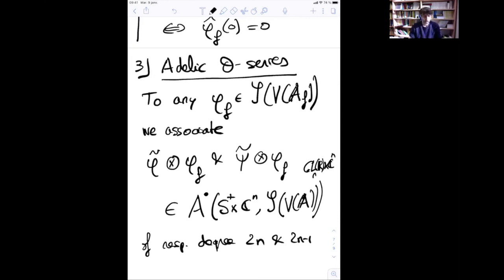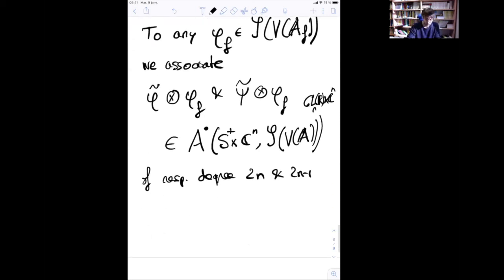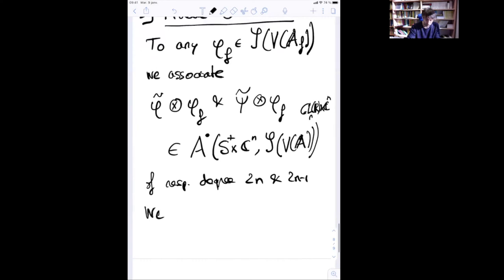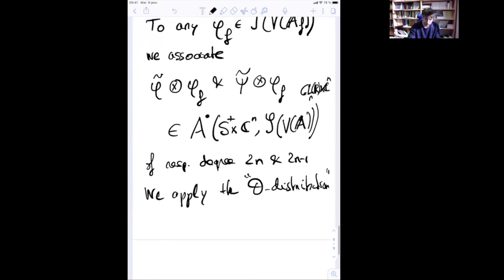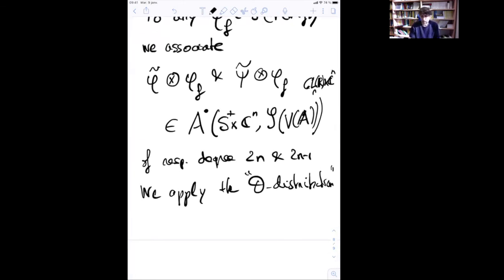And now to really make the average, we will apply the so-called theta distribution, which is the analog in our setting of the evaluation at a point.